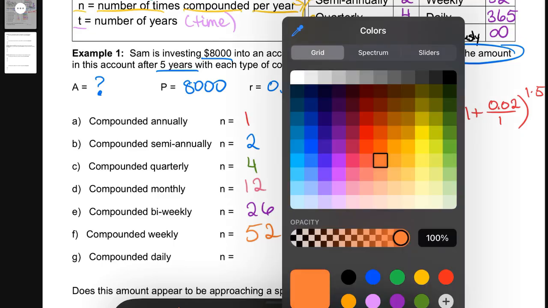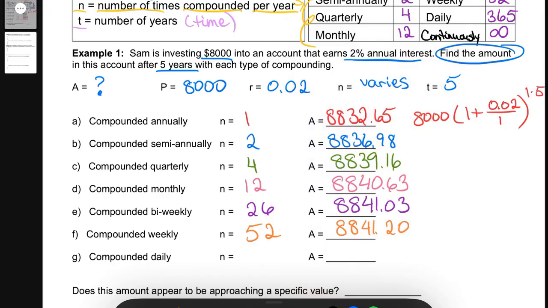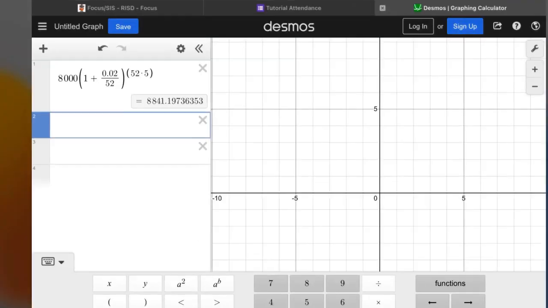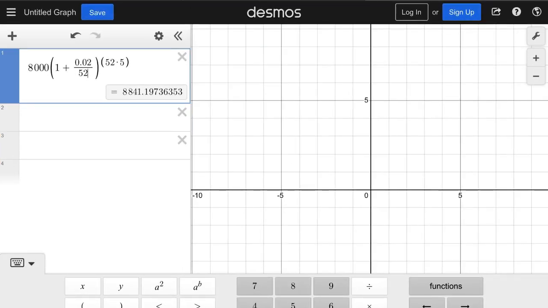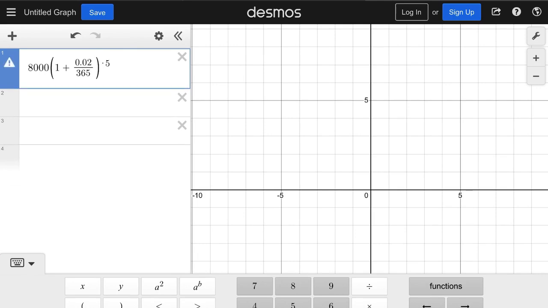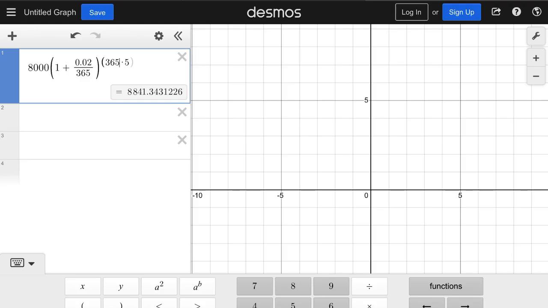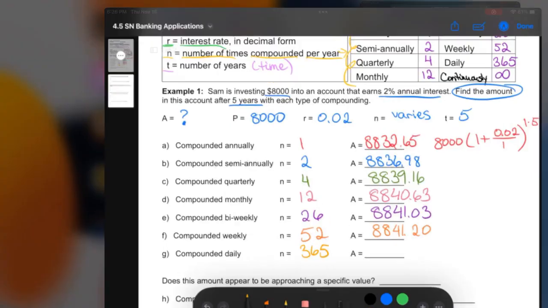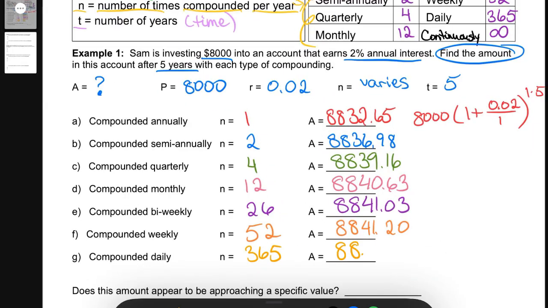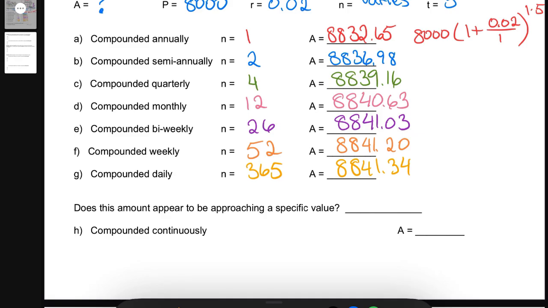If we compound daily, that is 365 times a year, and we get 8841.34.